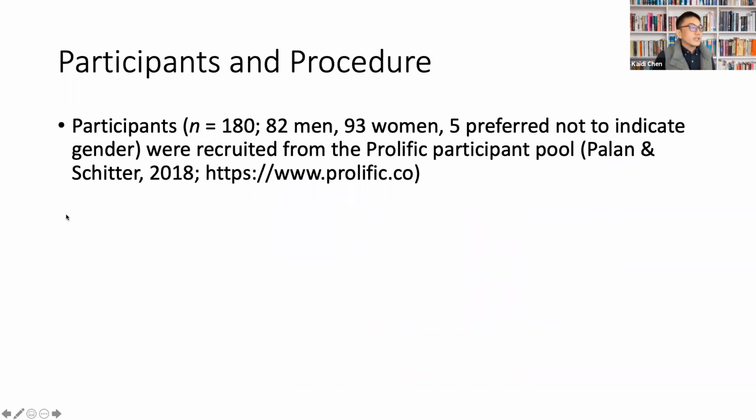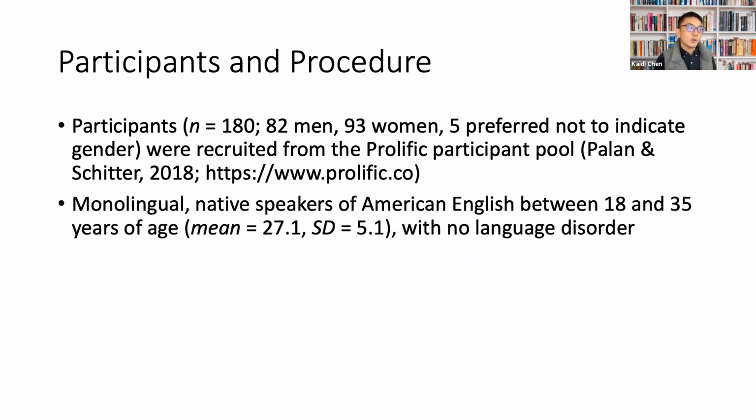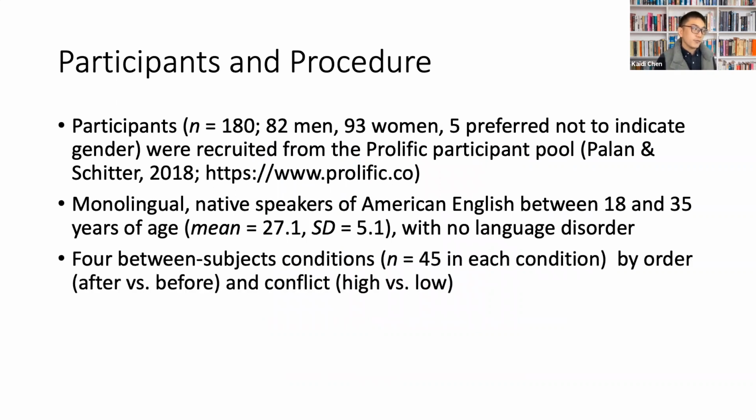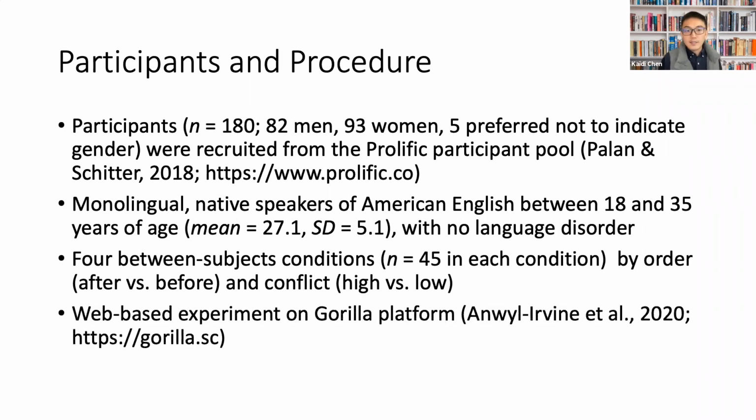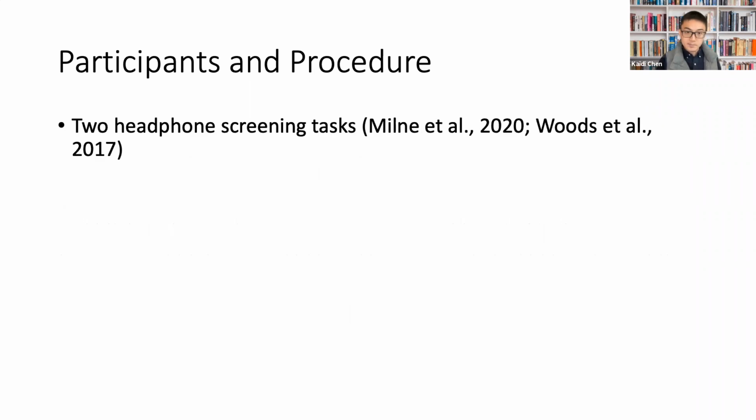And a very quick and brief introduction of our participants and procedures. 180 participants were recruited from Prolific. They're all monolingual native speakers of American English, between 18 and 35, with no language disorder. There were 4 between-subjects conditions, 45 in each condition, by order, either after or before, and by conflict, either high or low. It's a web-based experiment on Gorilla.